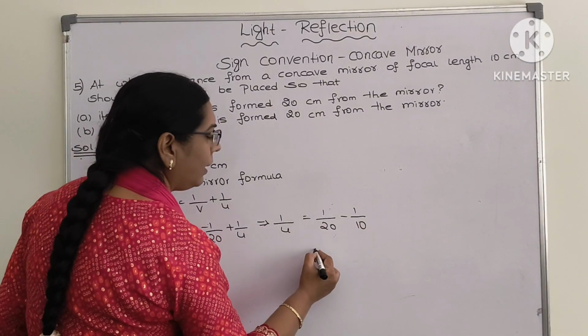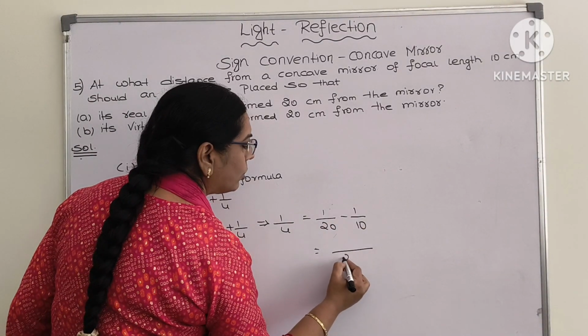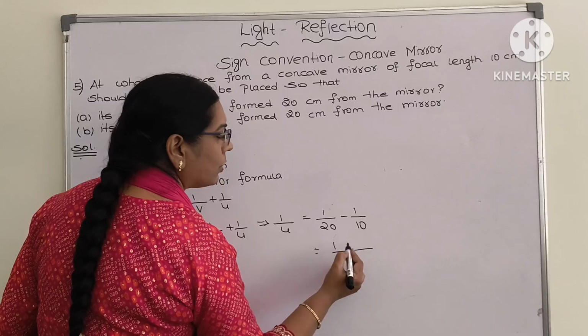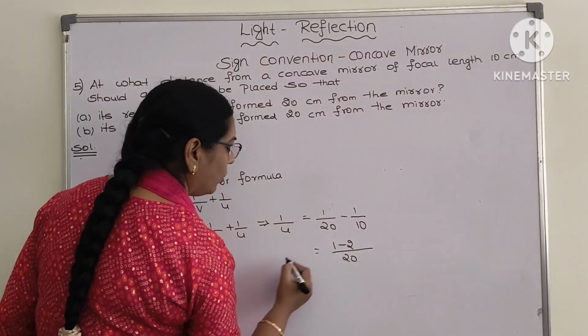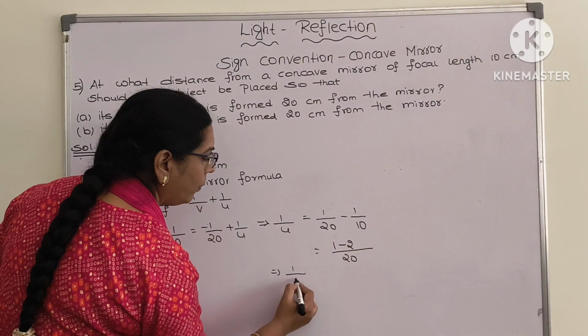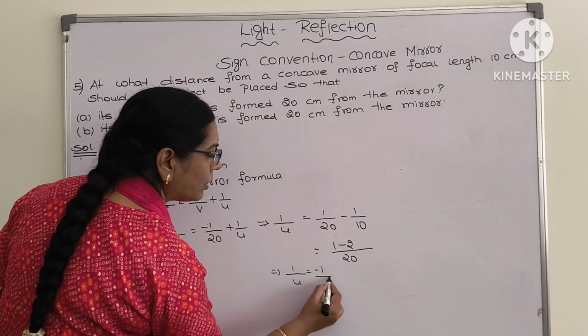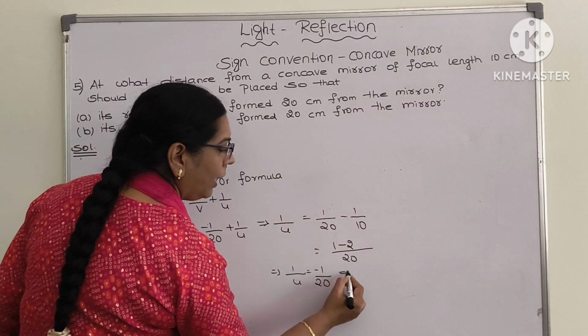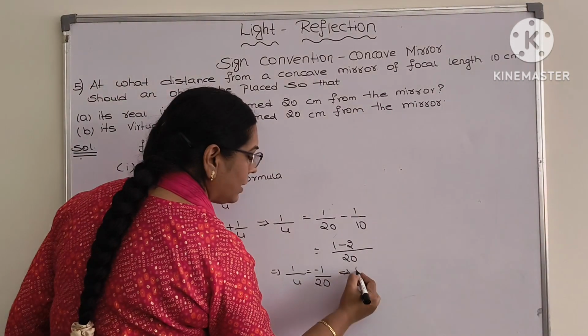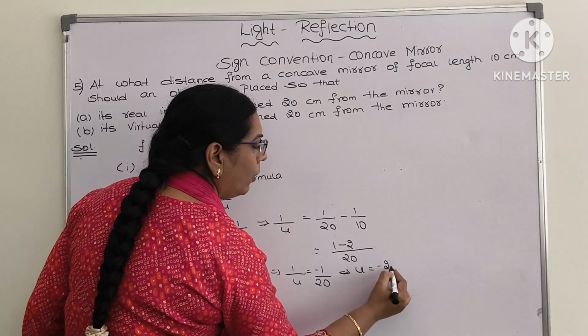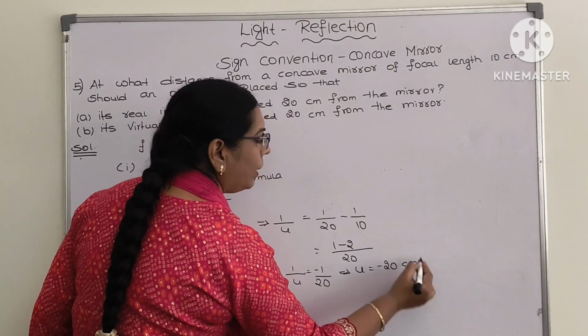The LCM of 20 and 10 is 20. So, I can write this as 1 minus 2, which means 1 by u is equal to minus 1 by 20. Take the reciprocal on both sides. u is equal to minus 20 centimeters.